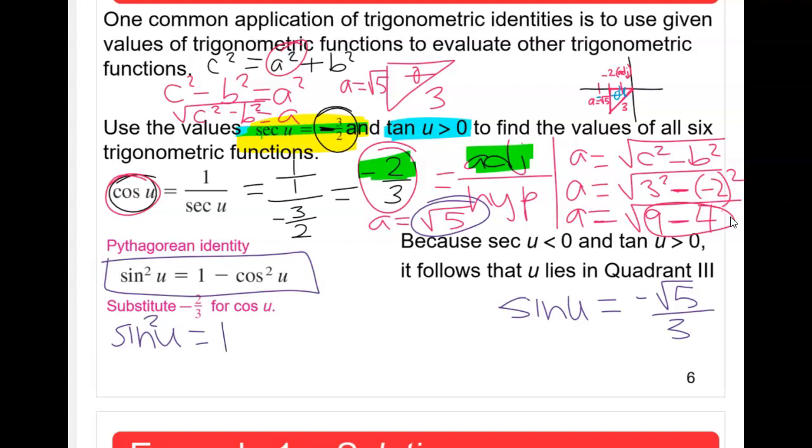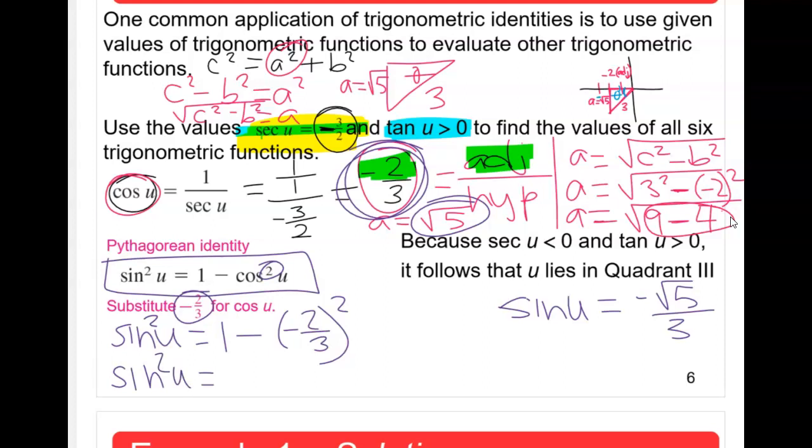So we could have 1 minus, we're going to substitute the -2/3 that we had for cosine, (-2/3), and we will square them because that's what we have here with the Pythagorean identity. Then to solve for sine squared of u, let's go ahead and do the operation. So 1 minus (-2) squared is going to be 4, and then 3 squared will be 9. When you square a fraction, you have to square both the numerator and the denominator.